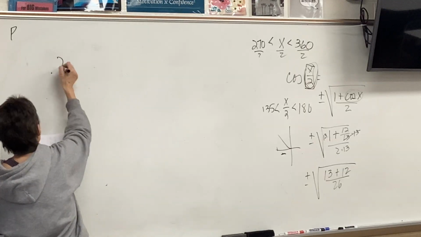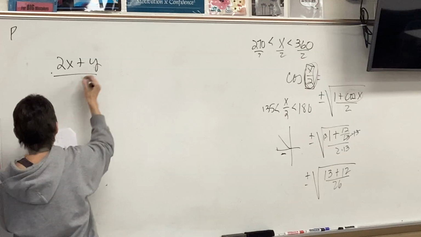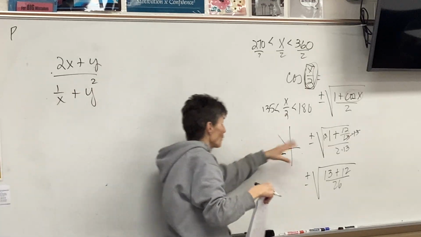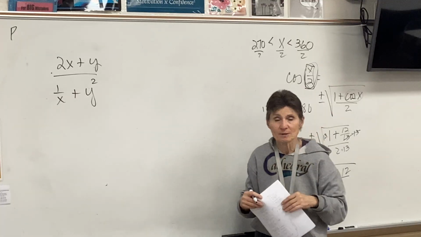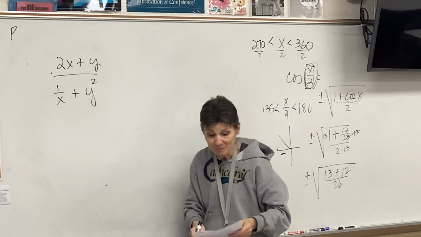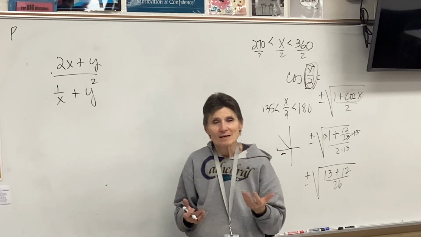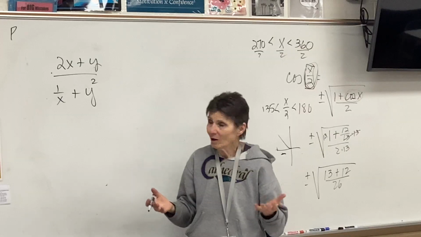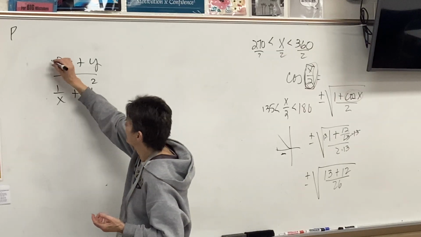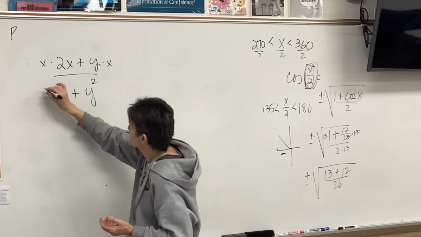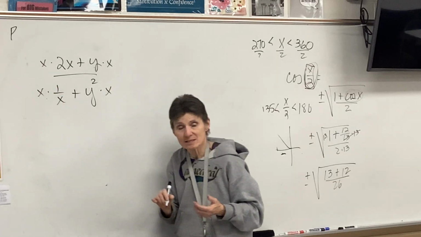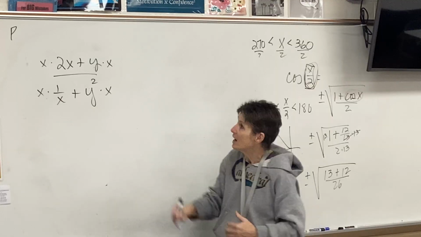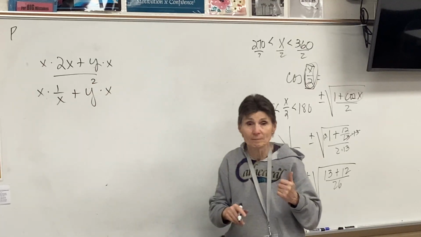The first one is just a little algebra practice. It's a complex fraction, I guess. But this is not trigonometry. This is just, can you simplify that? And I hope we've done enough of them that you are comfortable looking at that and saying, hey, I can fix that. All I have to do is multiply everything by x, because x is the common denominator of all 4 pieces of the problem.